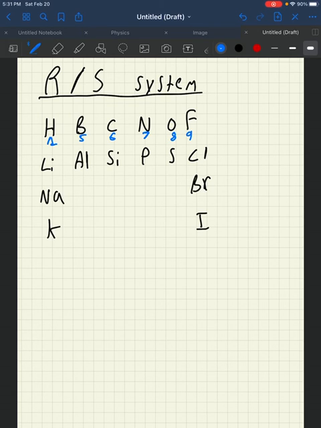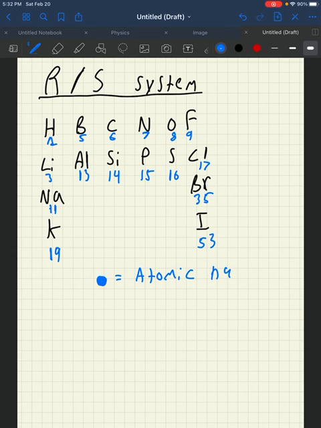So now we have here, these blue numbers I'm going to label right here are your atomic numbers.